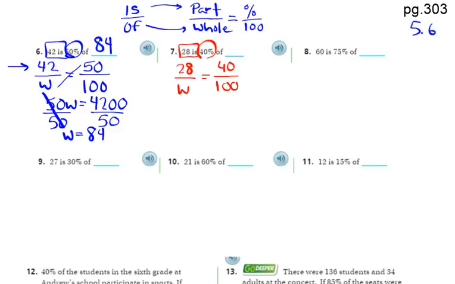So we look at the problem, we say, okay, is there a way to multiply from 28 to 40? There is not, so I can't use my equivalent fraction rule. So I'm going to cross multiply and divide. 40 times w is 40w equals 2,800. Well, all right. I have 40 times w equals 2,800, so I'm going to divide by 40 on both sides, folks.